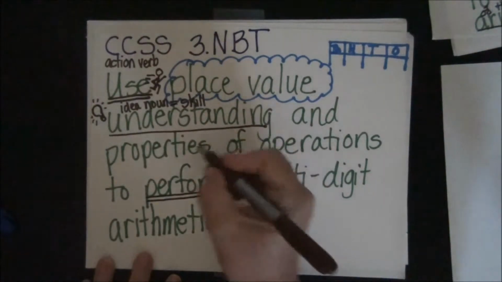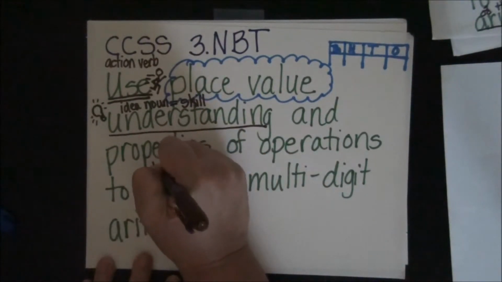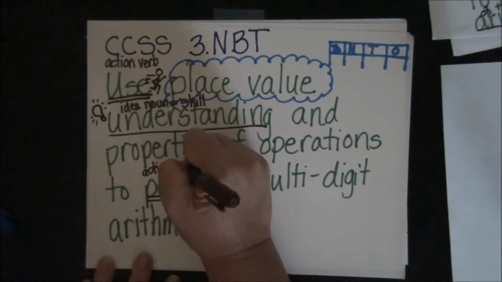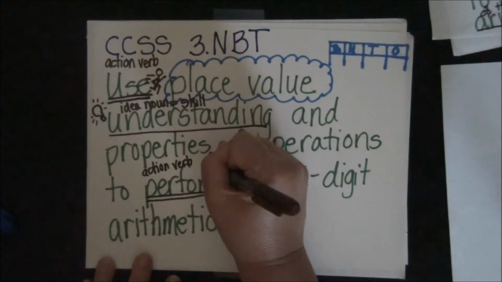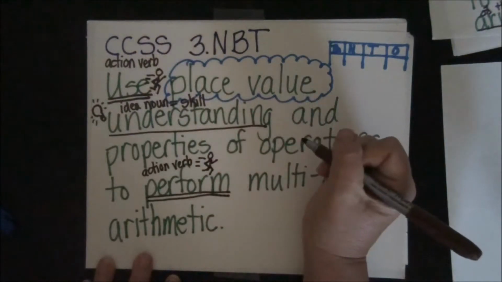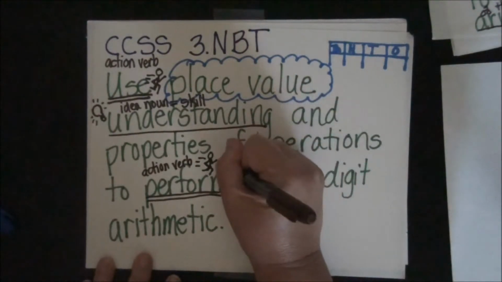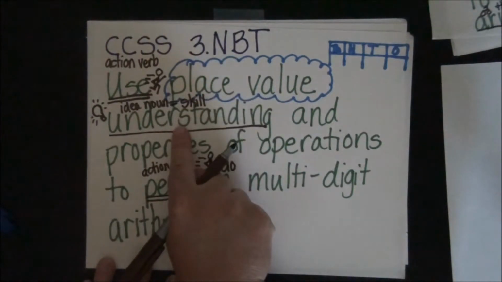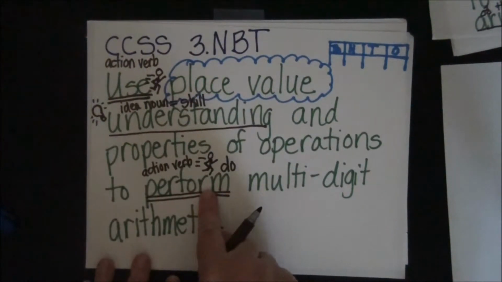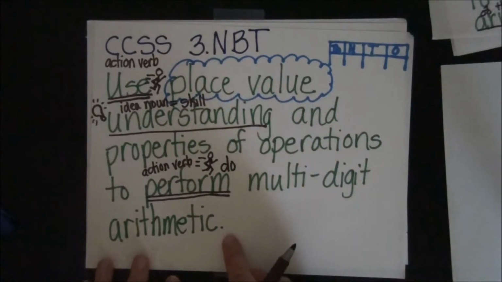Okay, and it is an action verb. And so draw my little running guy. His little running lines behind him. And this means do. So you will use place value skill to do multi-digit arithmetic.